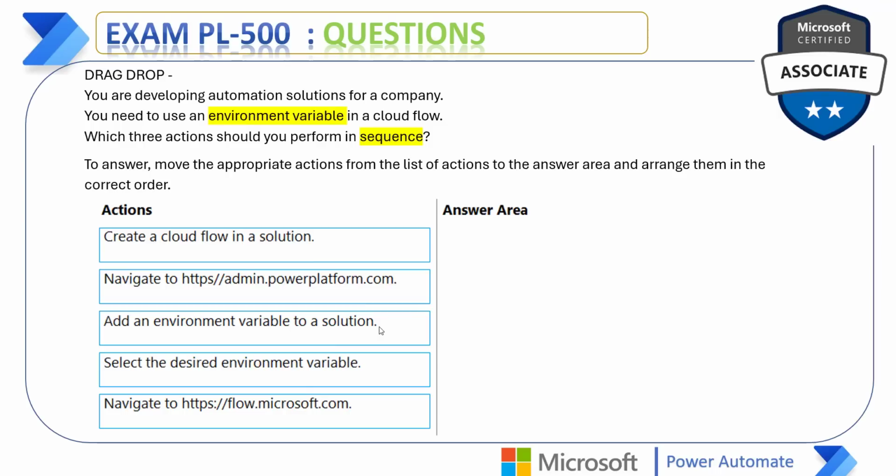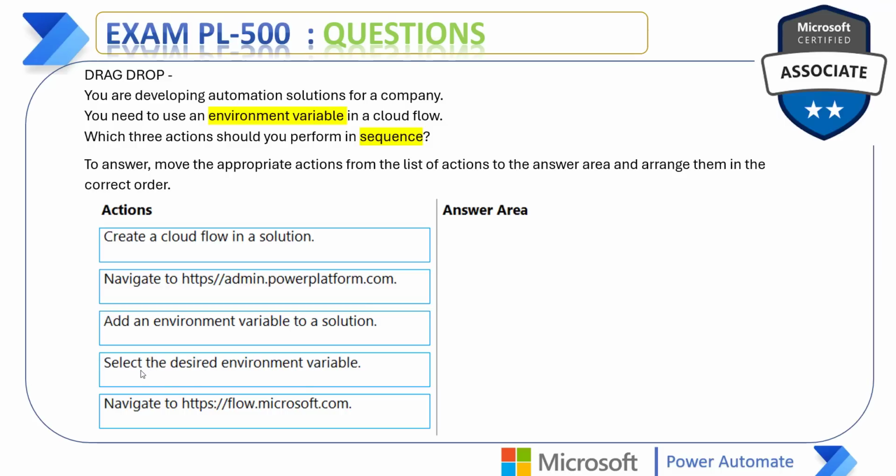And the third action, you are going to create a Cloudflow in a solution. Now you may ask, there is another action, select the desired environment variable. If you observe clearly over here, you are going to select the environment variable, but you have to select the environment variable for the particular solution. There they have not mentioned that.